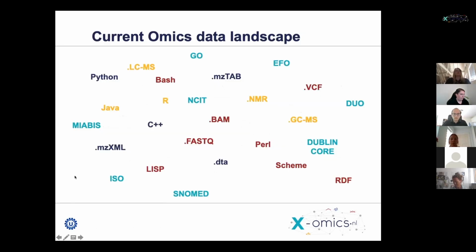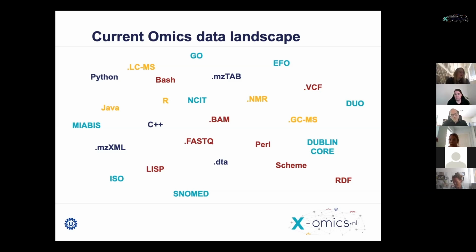Moving on to the current omics landscape. We are, of course, faced by a wide variety of programming languages, file formats, and standards. For example, there are BAM files for genomics, which are binary alignment map files. Then we have NMR files for metabolomics, which are nuclear magnetic resonance spectroscopy data.